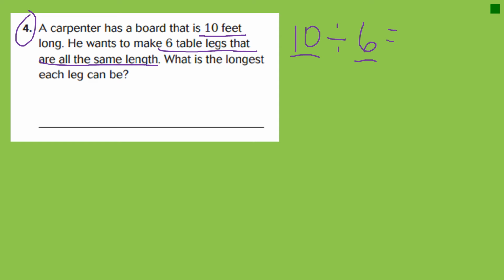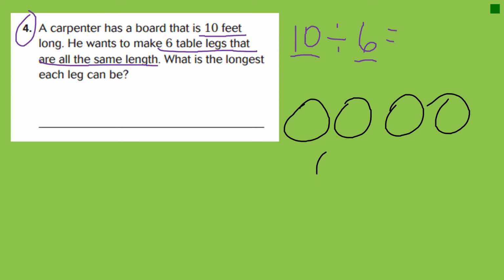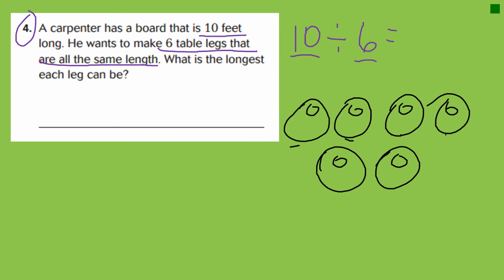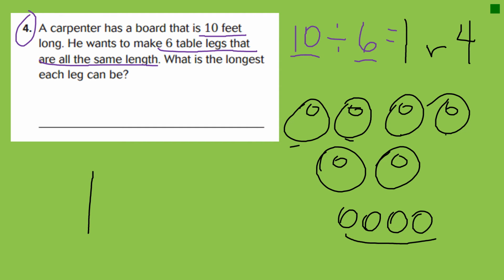All right, 1, 2, 3, 4, 5, 6, and we'll put our 10 feet into it. 1, 2, 3, 4, 5, 6, 7, 8, 9, 10. Oh my goodness. 6 can only go into 10 one time, and then we have 7, 8, 9, 10. We have 4 remaining. So 10 divided by 6 is 1, remainder 4.